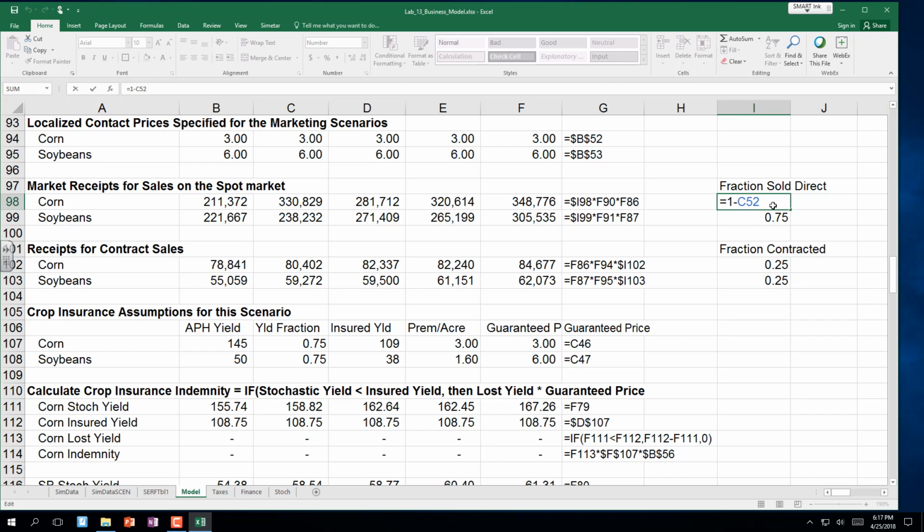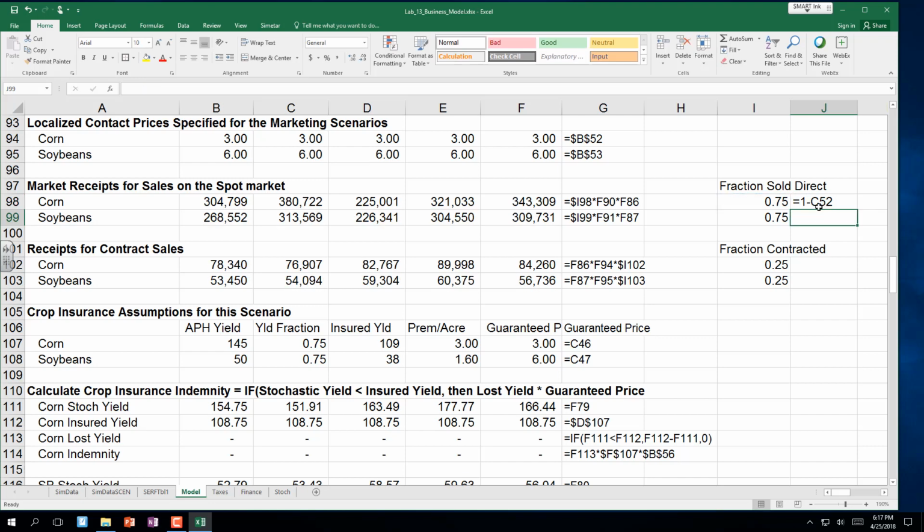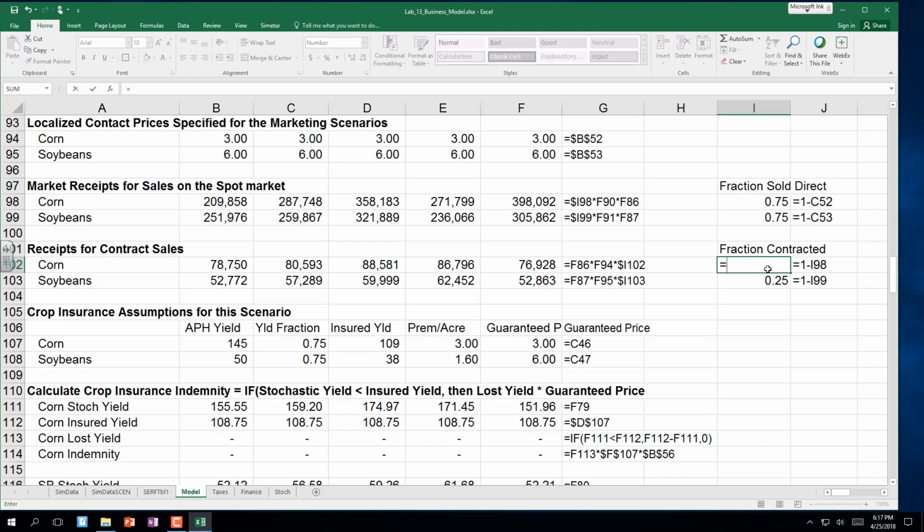Okay? Make sense? Yeah, better. Okay, so if I contracted to sell, and then that means just 1 minus that, which it could have been equal to C52, and the next one equals C53.